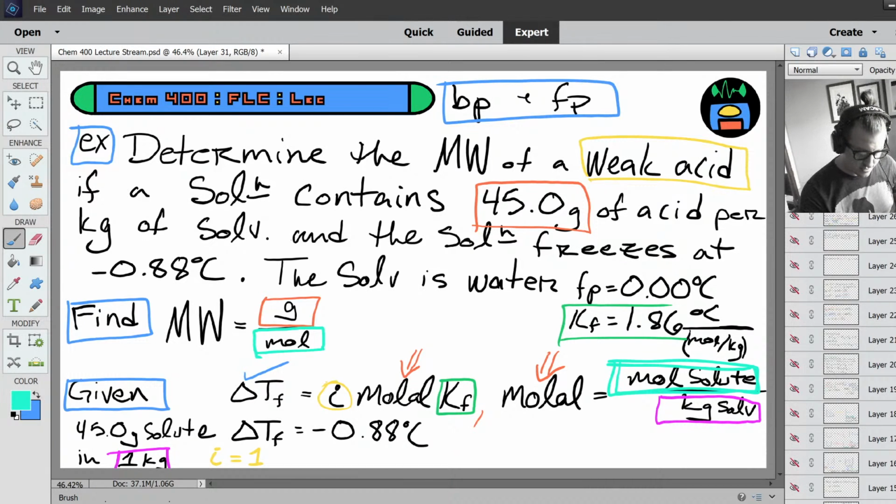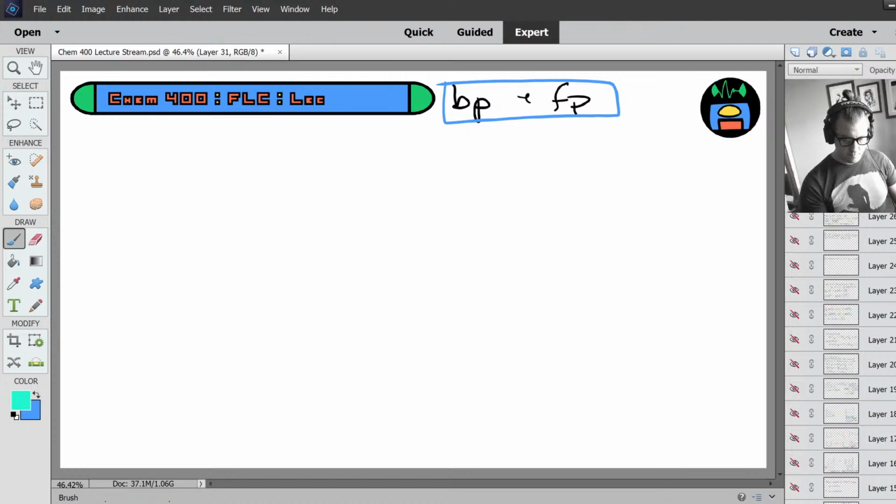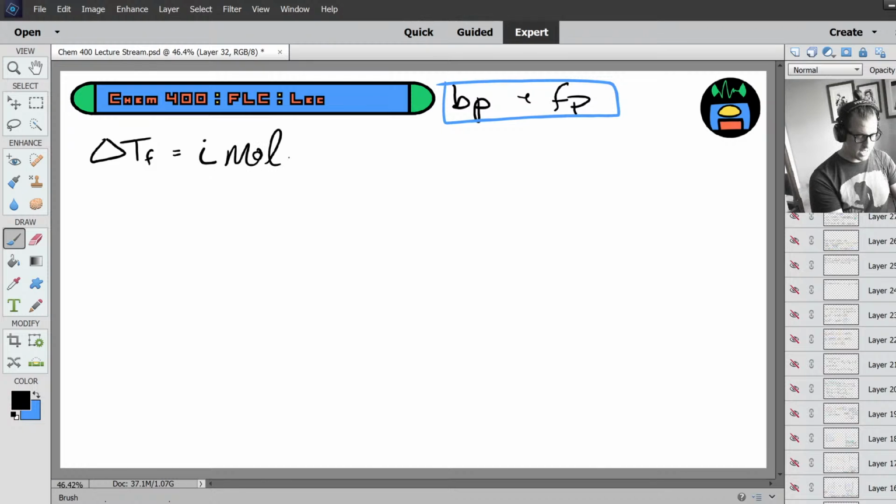So let's move to that phase. First, we have our change in freezing point is equal to our Vant Hoff factor times our molality times our freezing point depression constant.